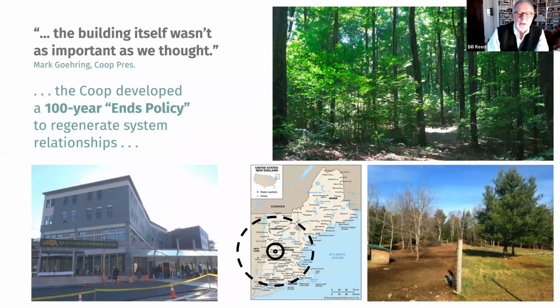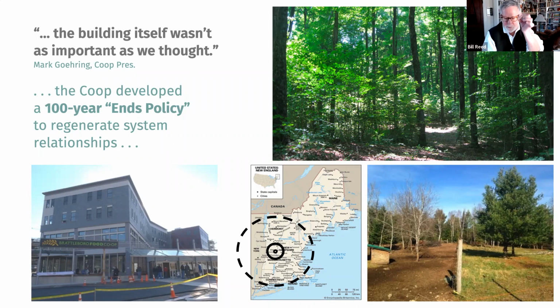But the result was that the president realized that the building itself wasn't as important as we thought. The co-op developed a 100-year ends policy out of this work to begin to establish this kind of thinking.